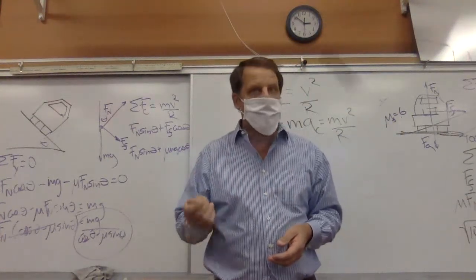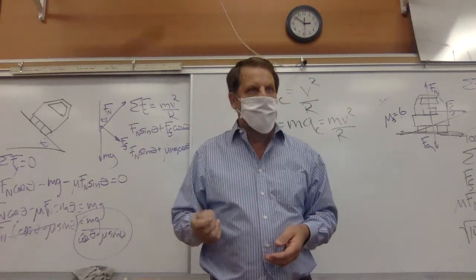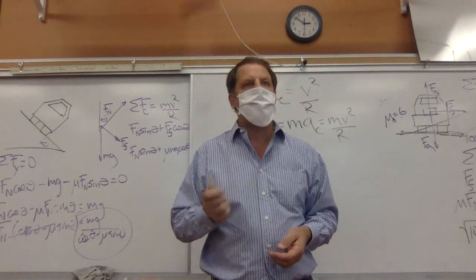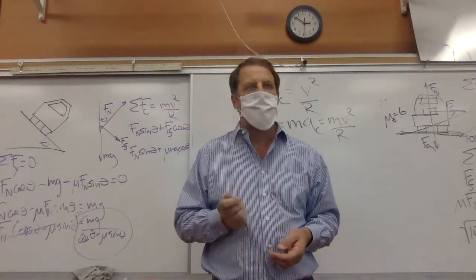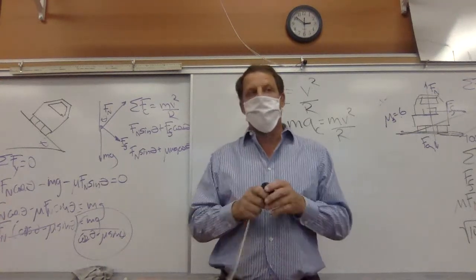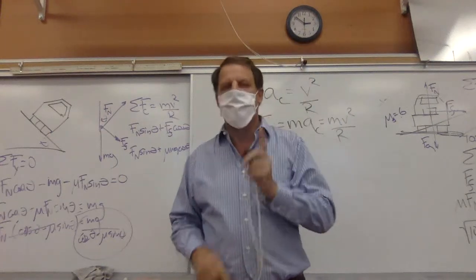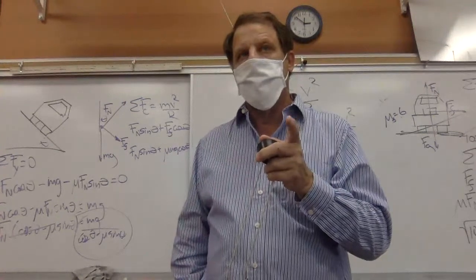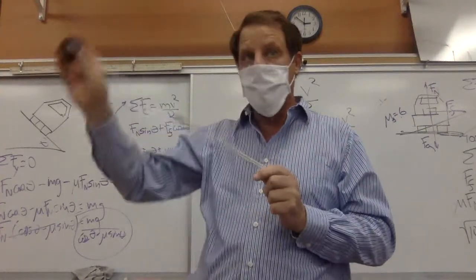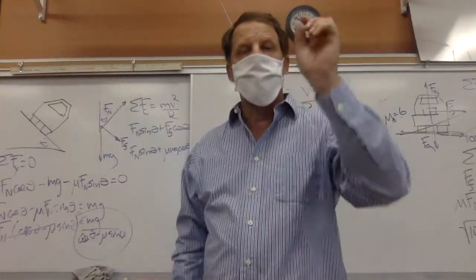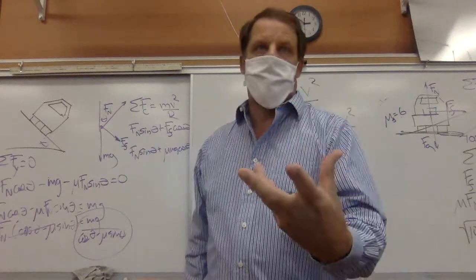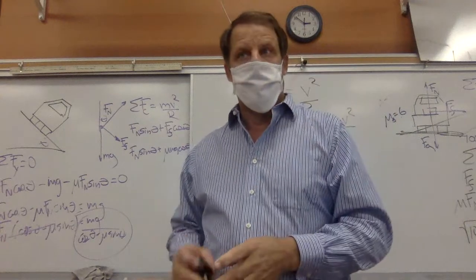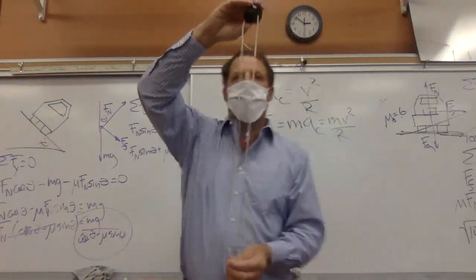If I can swing this around with a constant velocity, then what is the tension in the rope? Well, if it is going at a constant velocity, and really what I should say here is a constant speed, because since it's going in a circle, it is changing velocity at every instant, right? But it's keeping a uniform speed, okay?